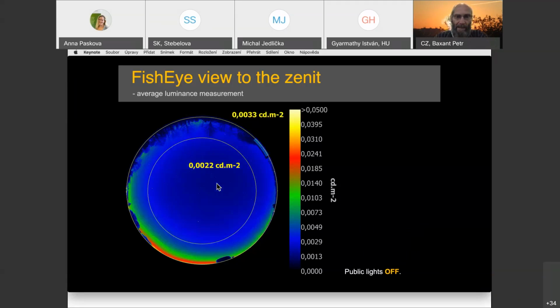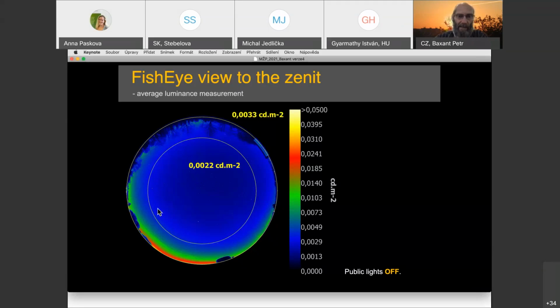If we compare it with the public lights in the off state, there is also a visible difference between the numbers, represented as the average luminance inside the circles, and we can compare how the public lights affect the luminance of the sky.